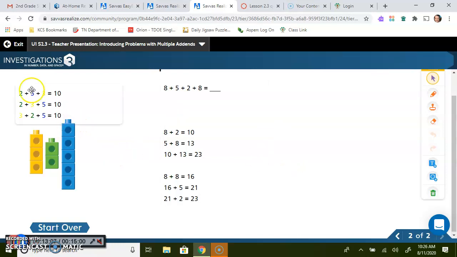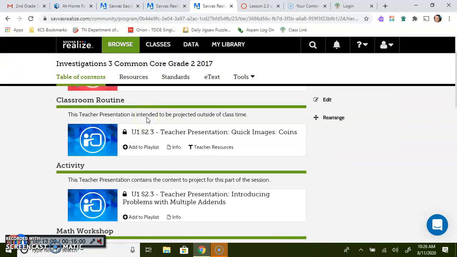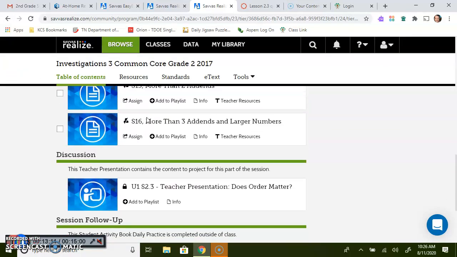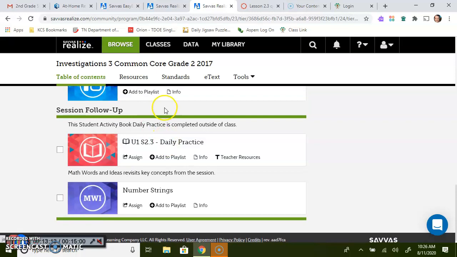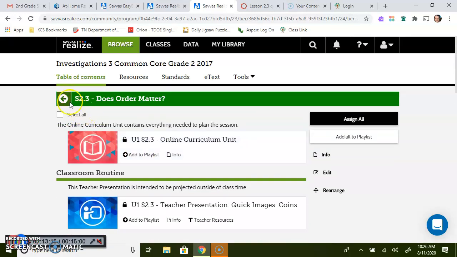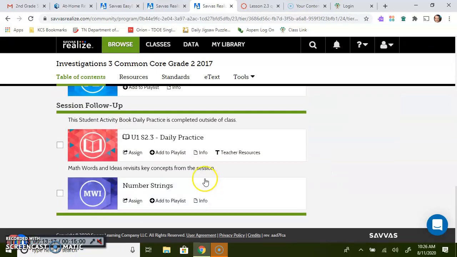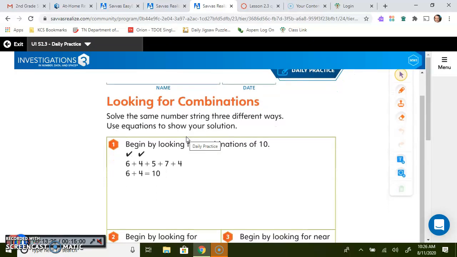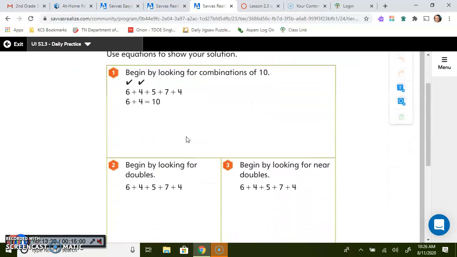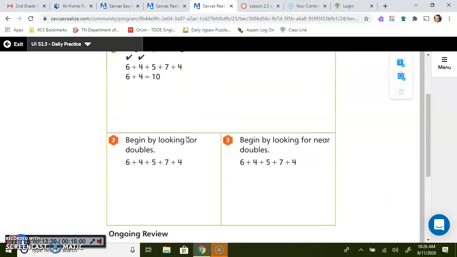So you are going to be working on a lot of these number string pages. Let me show you these real quick. All right, you're going to work on looking for combinations of 10. This is one of the pages that you're going to look for.